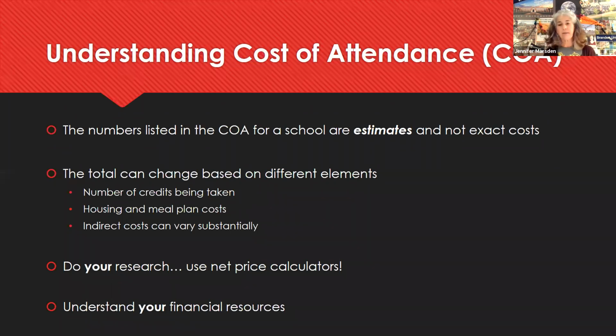Just as an example, Lewis and Clark, as a private school, is $70,000 plus. Every kid that applies there is going to get some kind of presidential or dean scholarship, taking it down $20,000 to $25,000 potentially a year. That's super exciting. But if you don't qualify for a Pell Grant, you're still looking at $40,000 to $50,000 a year for your kid. If they apply to U of O, it's about $30,000 a year cost of attendance, a little more if your student's in the honors college.